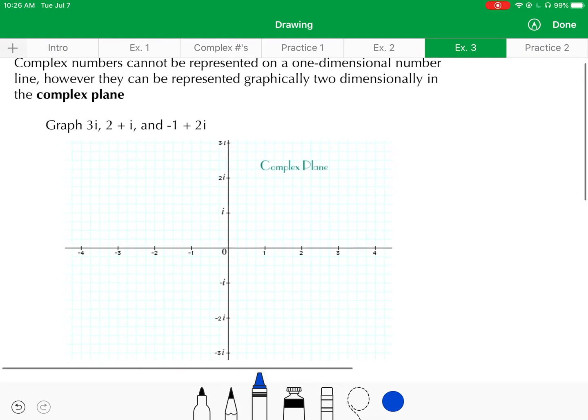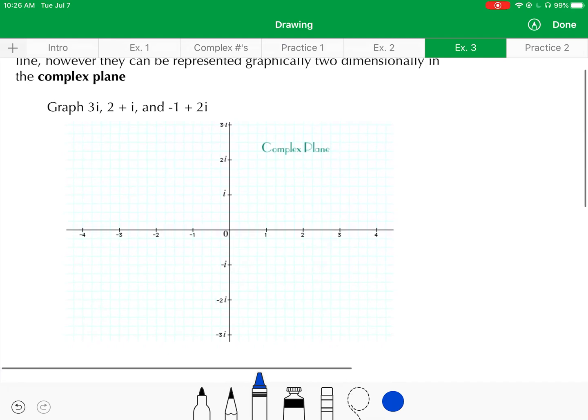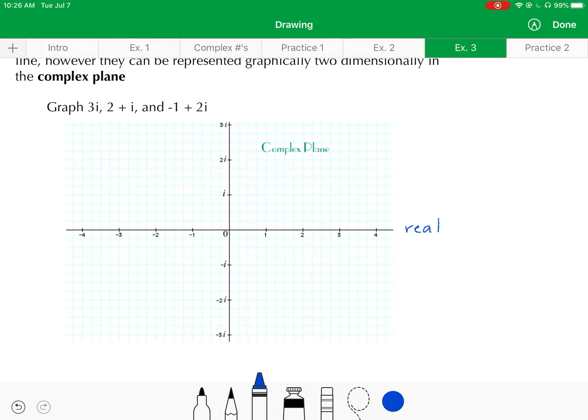And it looks a lot like a coordinate plane. So notice it does have a horizontal axis and it has a vertical axis. Really the only difference between the complex plane and the coordinate plane is the horizontal axis is now thought of as your real axis, and then the vertical axis is now thought of as your imaginary axis.